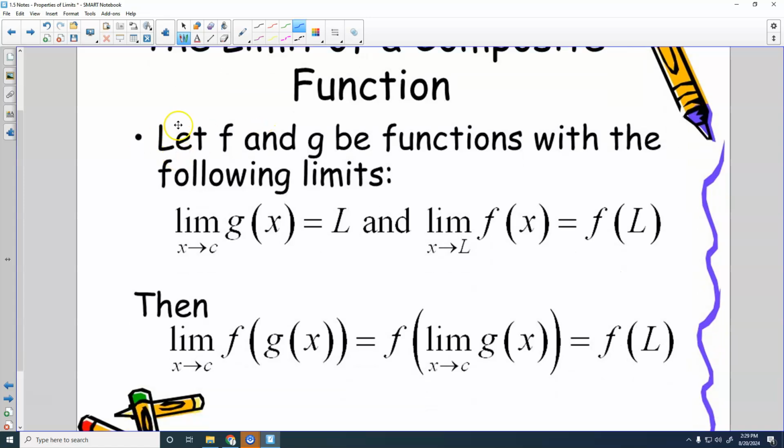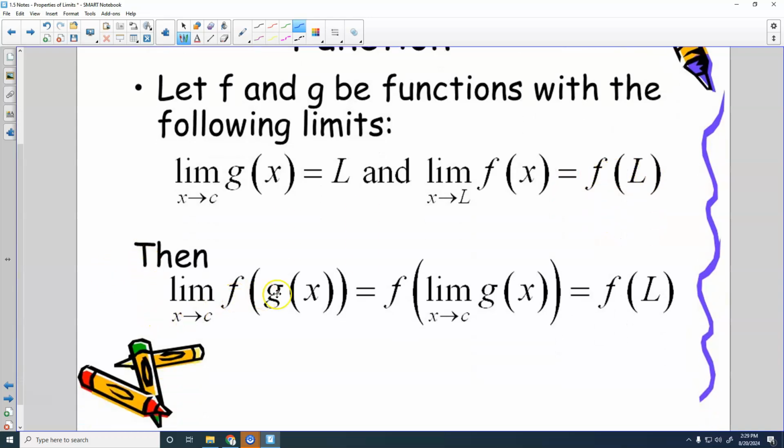So if f and g are functions with the following limits, limit as x approaches c of g of x is L, and the limit as x approaches L of f of x equals f of L. Then the limit as x approaches c of f of g of x is going to be f of the limit as x approaches c of g of x, which is going to be f of L.